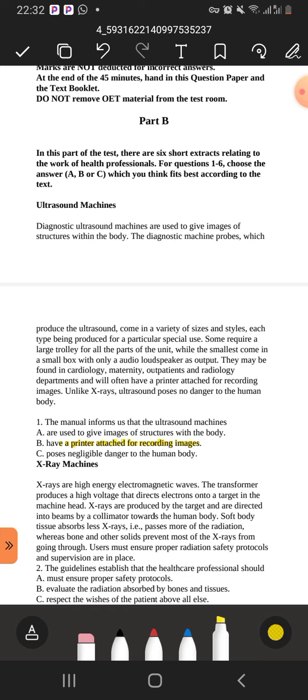Then when you get to the question, the question will directly point you to which sentence you need to go to. And when you're in that sentence, you'll be able to read and interpret appropriately and then eliminate the options till you get the best option.